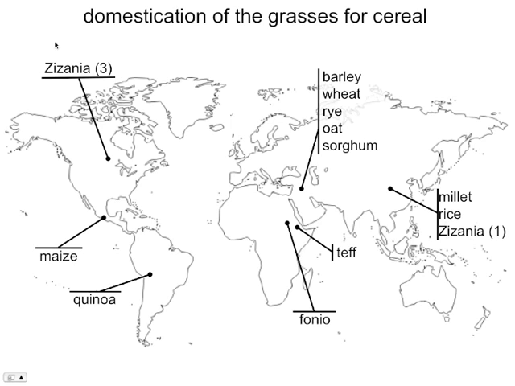In North America, we see zizania, the wild rices used by North American Aborigines, and maize, also North American, a Mexican domestication, but spread north and south and was used widely by Native American cultures in both continents. Finally, again, quinoa. They're important in Andean cultures.